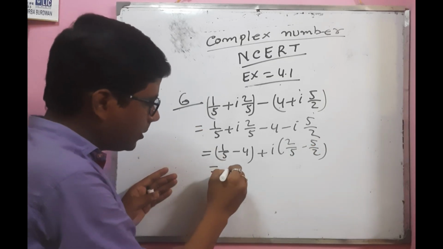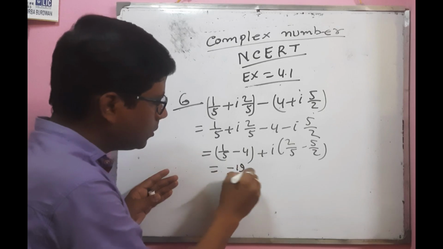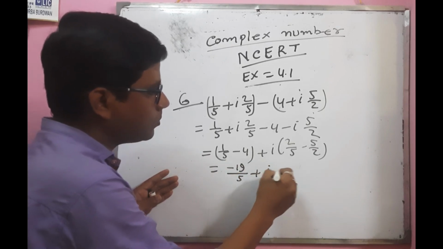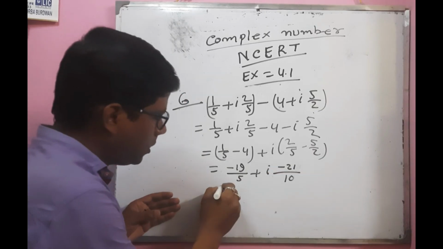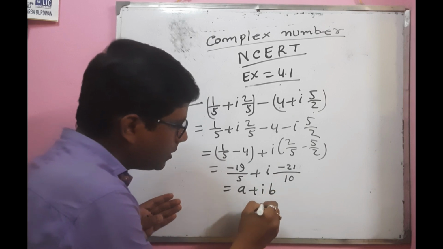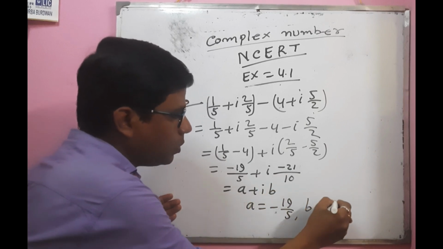Calculating, we get this is a form of A plus iB, where A is equal to this one and B is equal to this one.